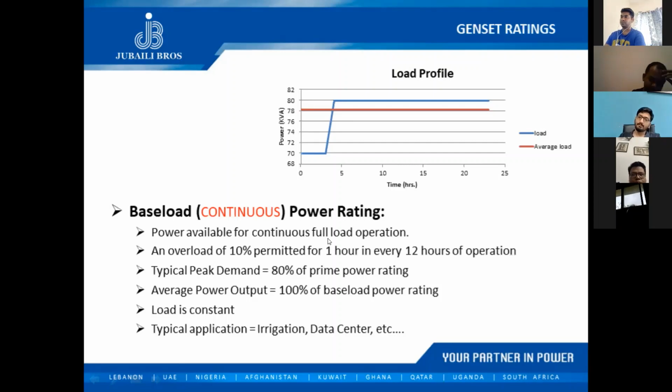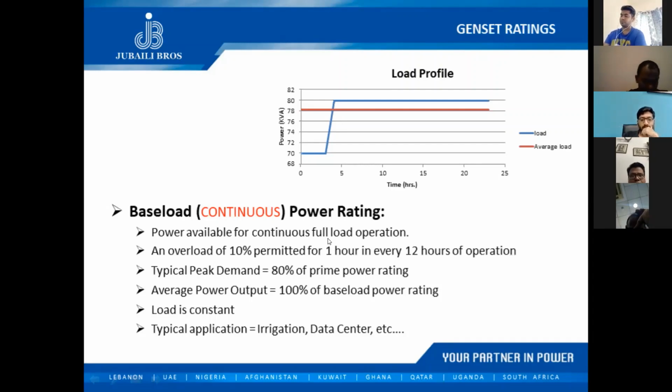So where do we select our genset for continuous applications? Typically, in data centers, because our load is fixed, not variable, it's continuous. In irrigation applications, for example, a single pump powered by a single genset, my load is fixed.